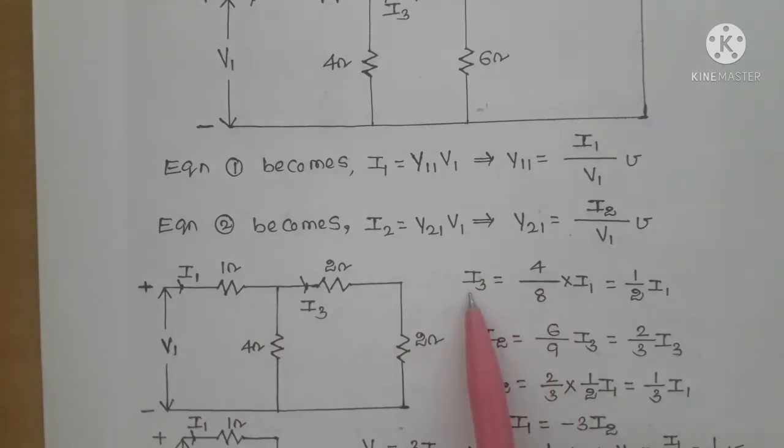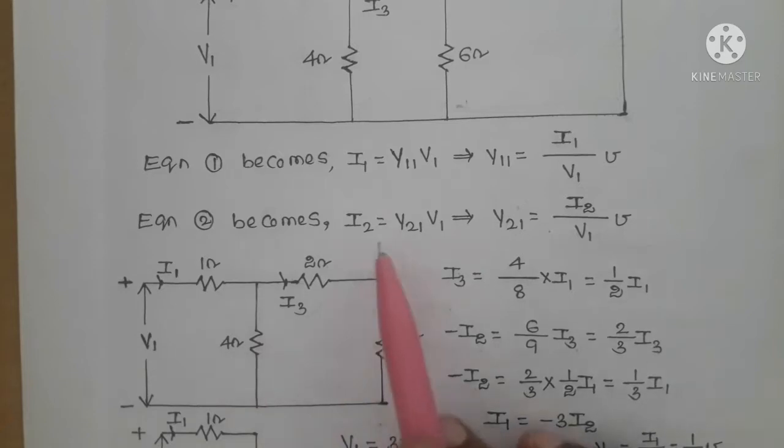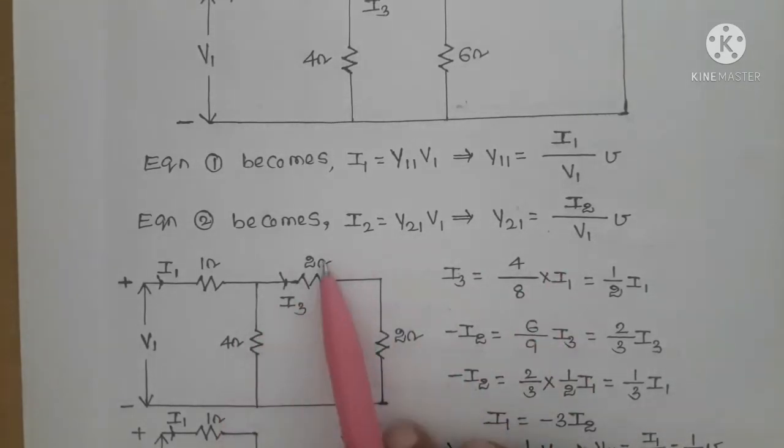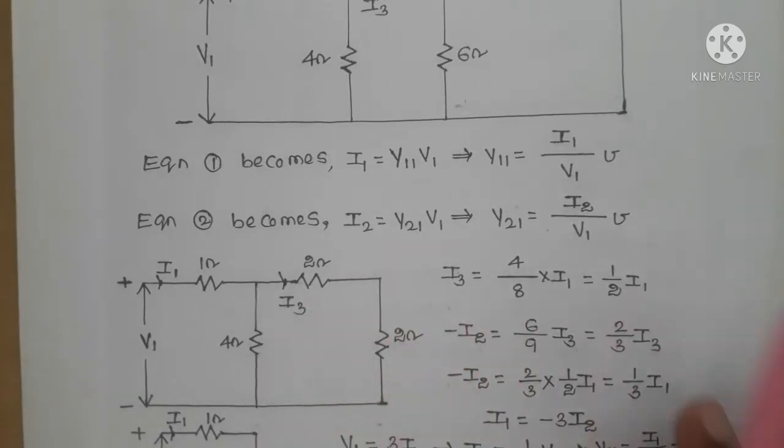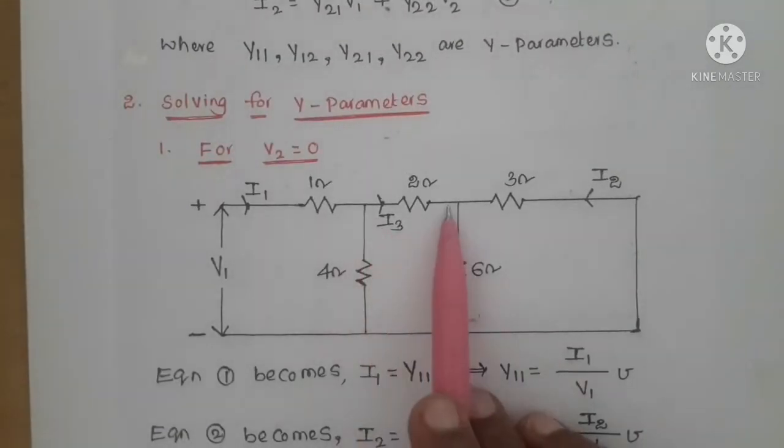Or, using the current division rule, I3 equals 4 by (4 plus 4), which is 8, into I1, which is equal to 1 by 2 I1. So here I3 is 1 by 2 I1.